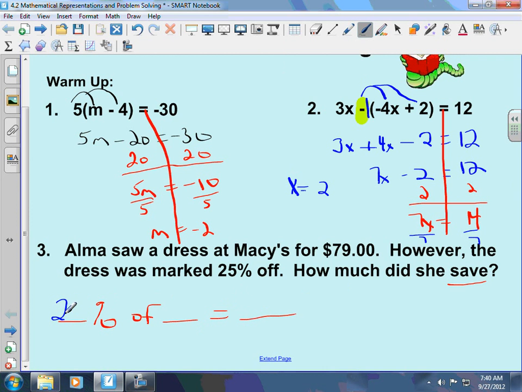What's my percentage? 25. What's my total? 79. What does that equal? Of means multiplication. So 79 times 25% equals $19.75. That means she saved $19.75. Okay?